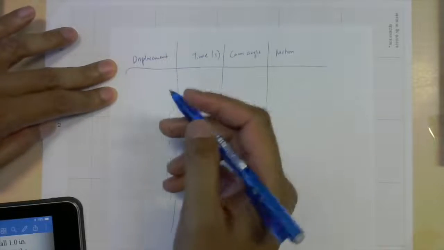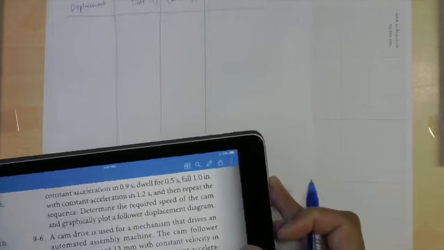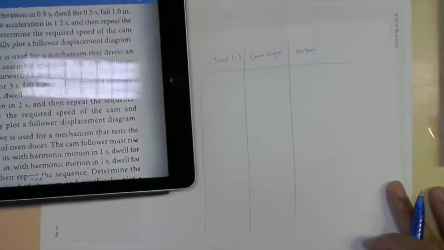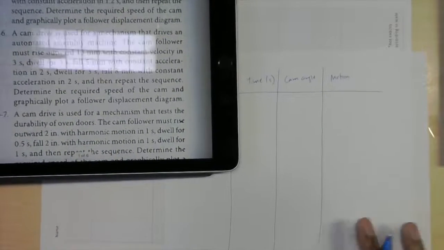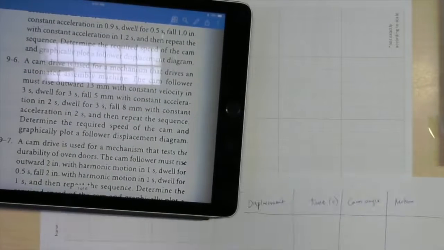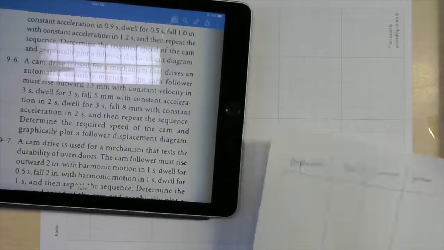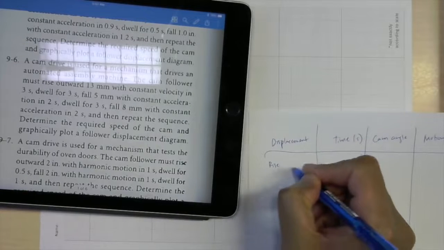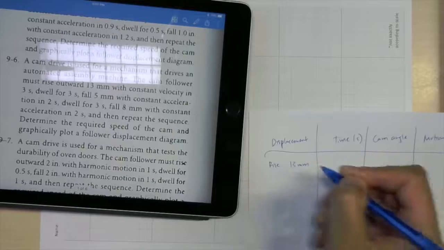So first we have rise outwards 13 mm. So first is rise, so just put it on the side here, that will be enough. First is rise 13 mm.